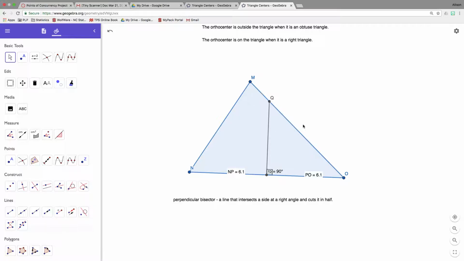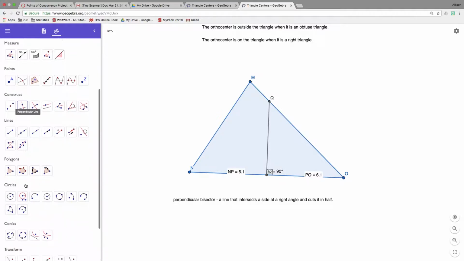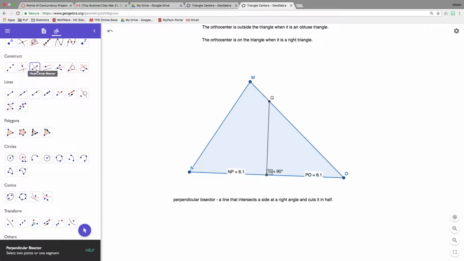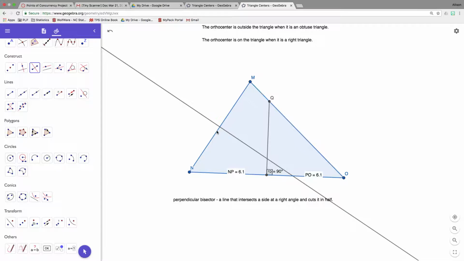Okay. All right, let's do it again. If you didn't get it the first time, maybe we'll try the second time. So what button do we go to do the perpendicular bisector? Third one, under construct. Very good. So click a side, whatever side you're ready to do the perpendicular bisector for.